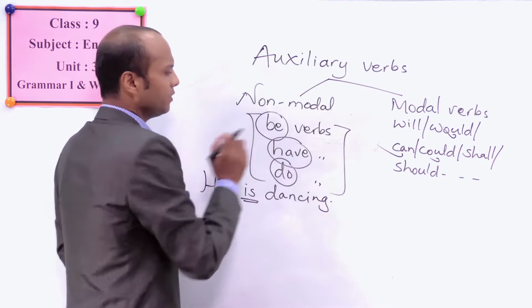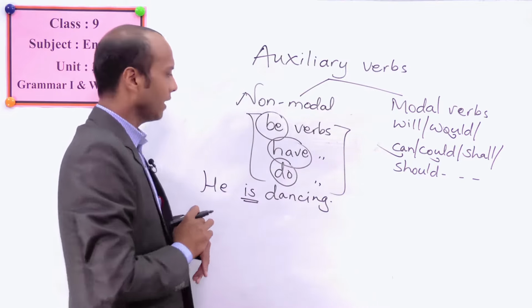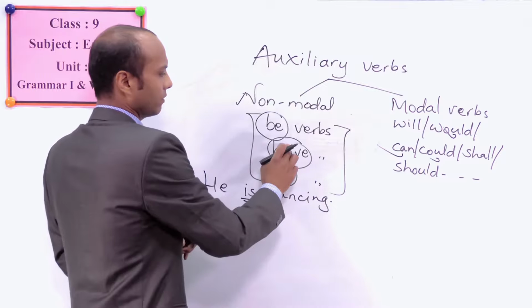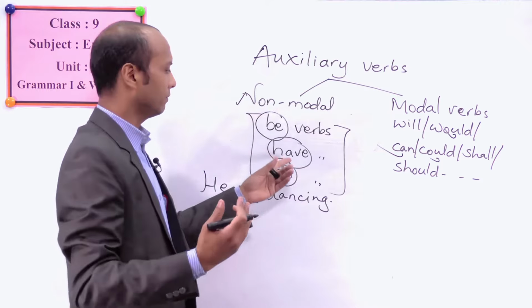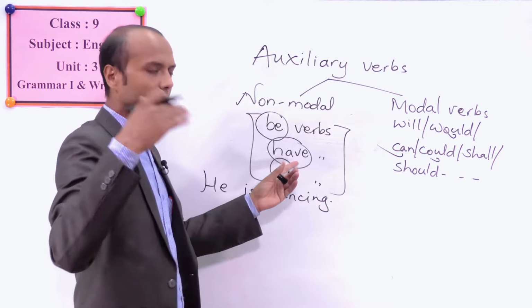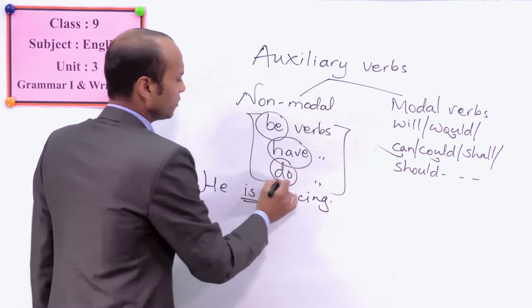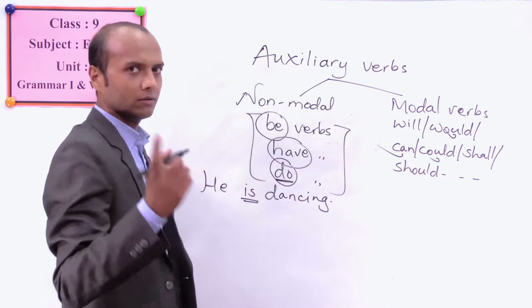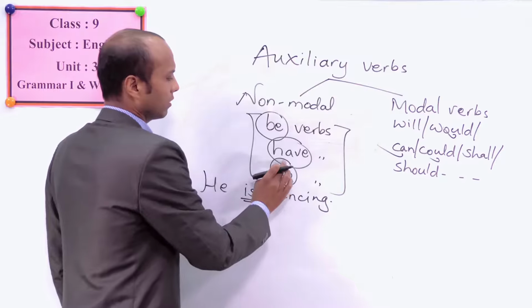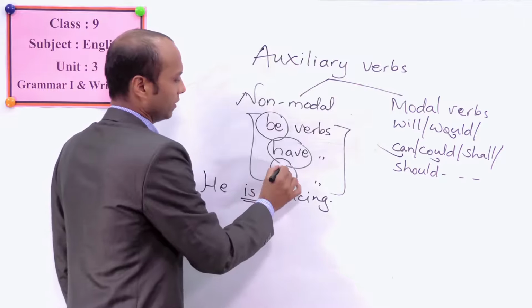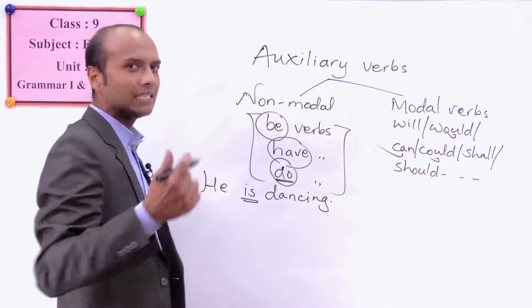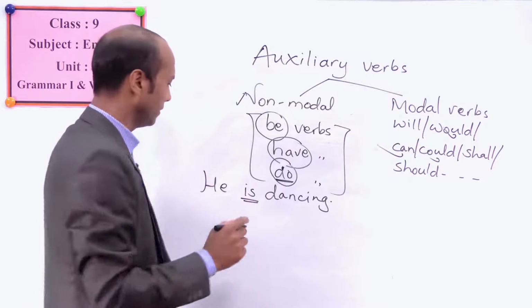What are the have verbs? Good, have and has. I'm not talking about the past tense because it is only one. And do verbs, for the time being, you have to know two: do and does, because did is a single verb that is used with every subject.